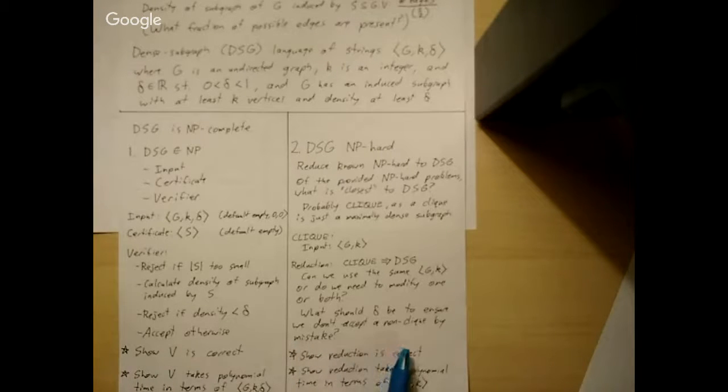And really, if you're not sure what delta should be exactly, but your intuition is that it should be close to one, check that out and take your best swing at it, but give your intuition as well. It's not something I would memorize.